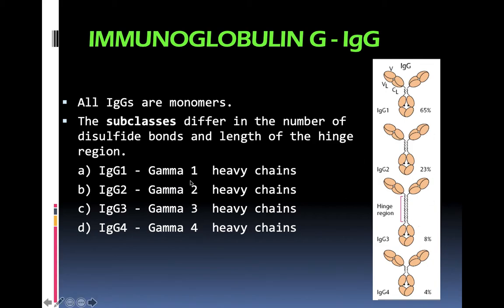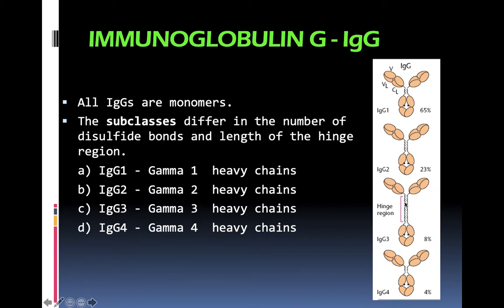So we have IgG1, gamma 1 heavy chain, okay? Then we have IgG2, gamma 2 heavy chain, it's represented here. And then IgG3, gamma 3 heavy chain. So you can see that for IgG3, the heavy chain region is actually longer.